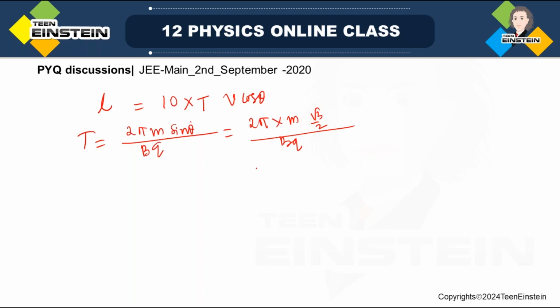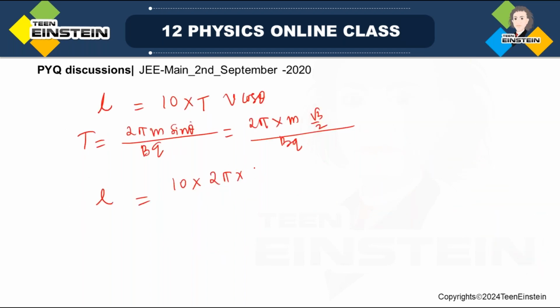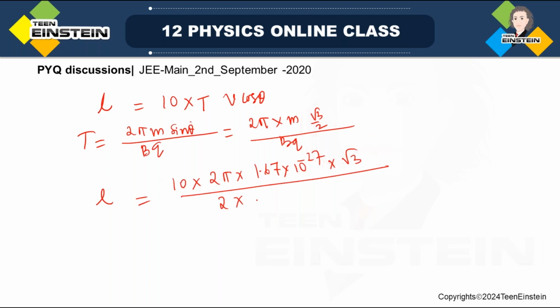If I keep this, okay, so here L will be 10 into 2 pi m. M is given for a proton, 1.67 into 10 to the power minus 27 kg. 2 pi m, then it is root 3 in the numerator. In the denominator you have 2 into Bq. B is actually 0.3 Tesla, and what is q?